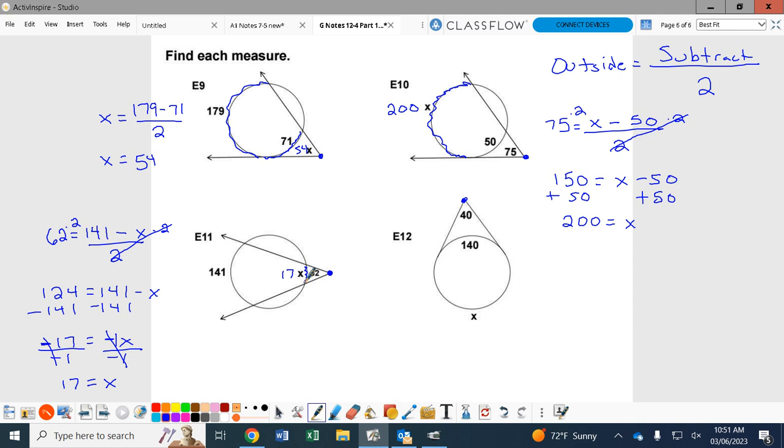Okay, set the last one up. Who set it up like that? Check and see.